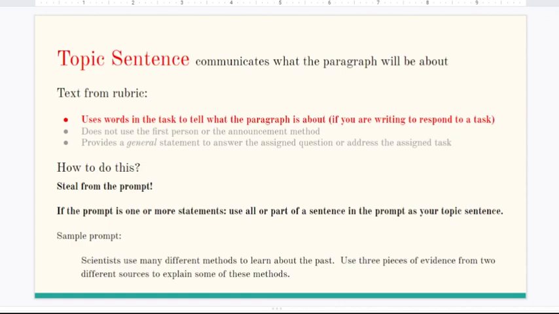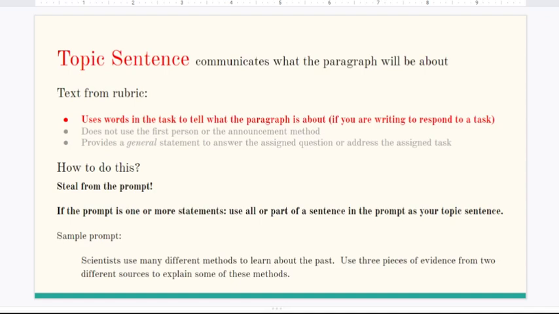Okay, so we are still on this first bullet. Use words in the task to tell what the paragraph is about. That's a requirement of your topic sentence. We're still stealing from the prompt. However, in this example, the prompt is not a question, it is one or more statements.